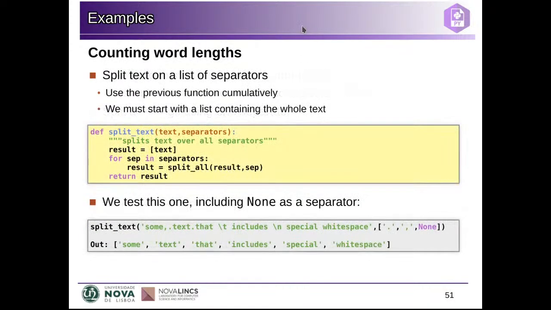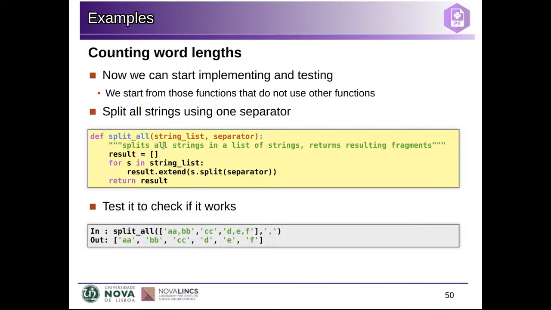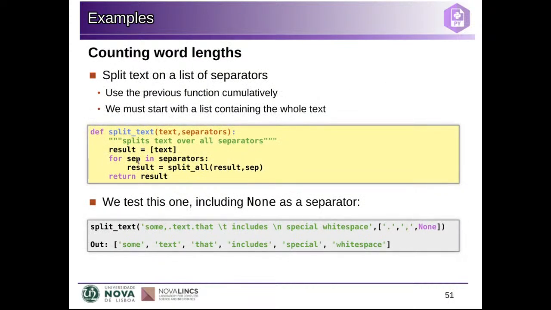So the next one receives one string, which is the whole text, and the whole list of separators we want to use. And it will return a list with all the words broken down. So in order to do this, we first send the text to our previous function. Remember that our previous function is expecting a list of strings, so we can create a list with only one string, which is the whole text.